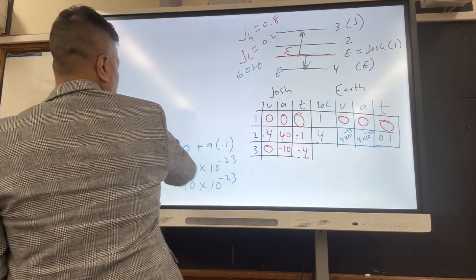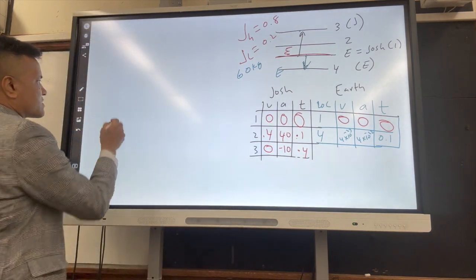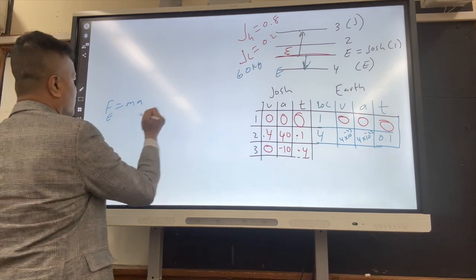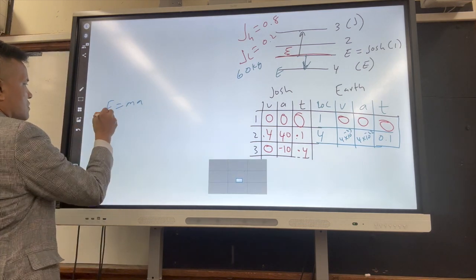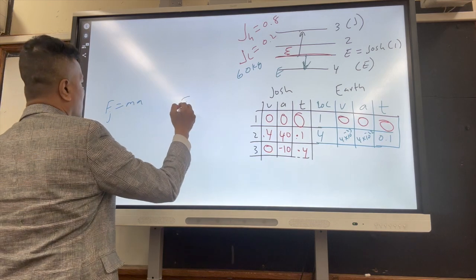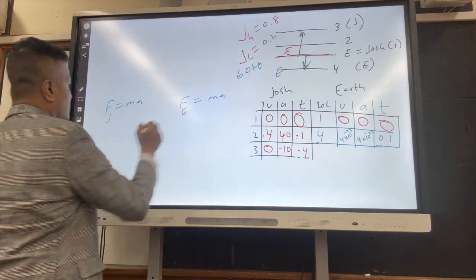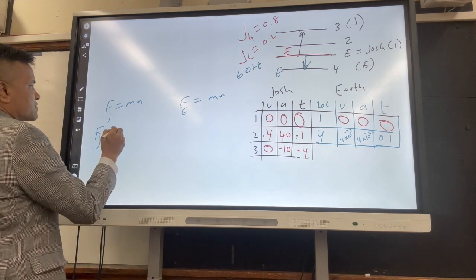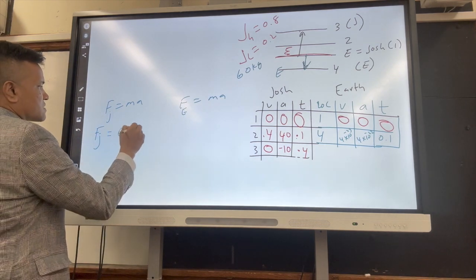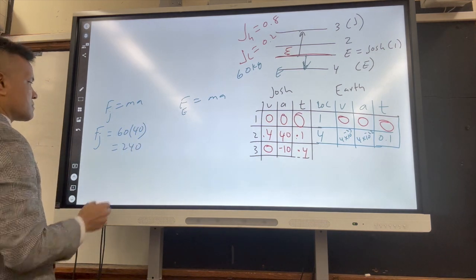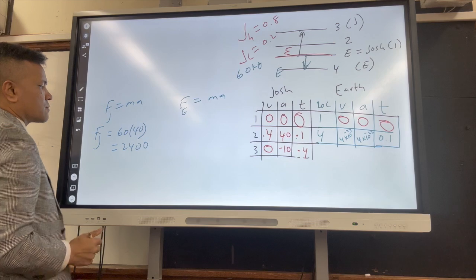Okay, good. Now let's see whether we can get the same answer. F is equal to ma, for Earth and for Josh. For Josh, m is 60, the acceleration is 40, so 2400, the net.